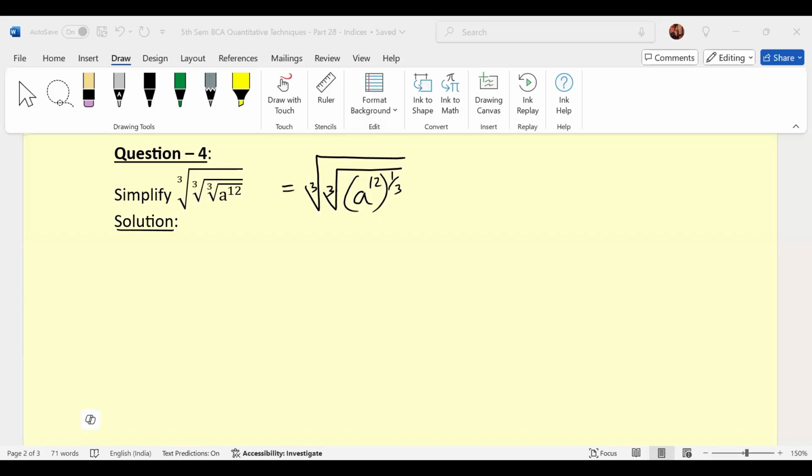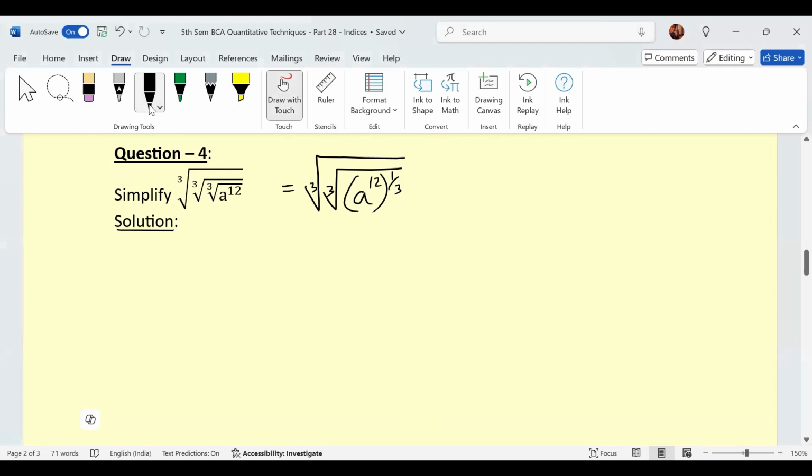This will be nothing but, let's choose cube root of a power 4.